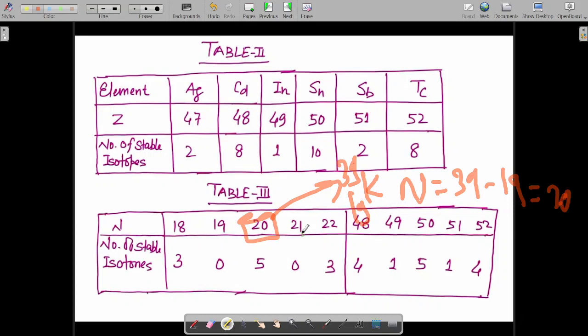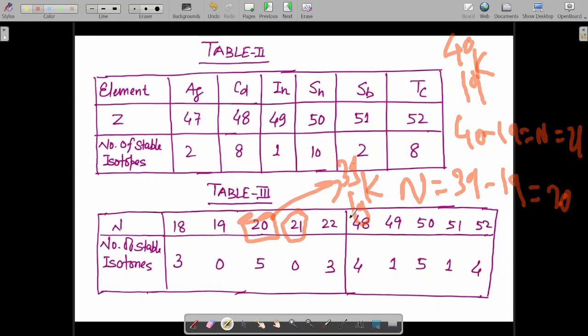Now if we have 21 neutrons, for example potassium 19,40, then 40 minus 19 gives neutron number 21.